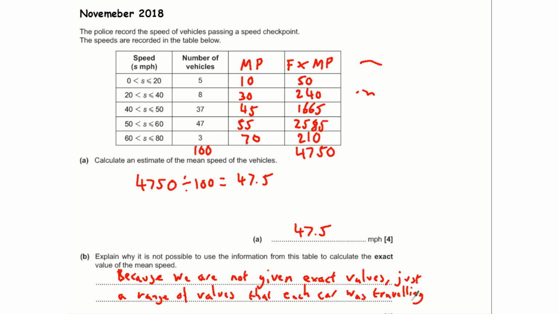Because we're not given the exact values, we're given just a range of values for each one of these vehicles, so we can't work out the exact one. That's why it's an estimate.